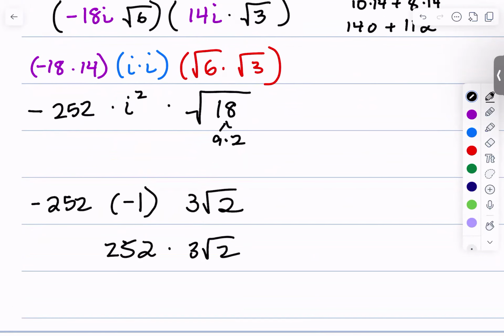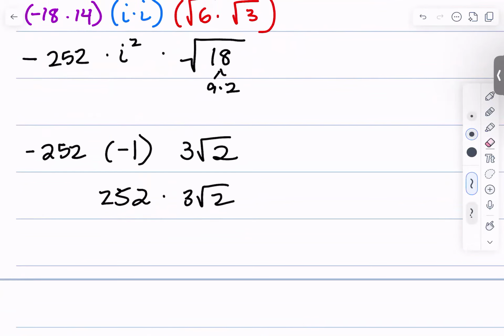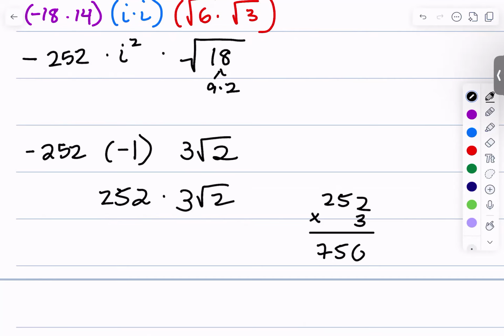And if I'm multiplying a whole number to a radical, 3 square root of 2, I'm going to be multiplying 252 by 3. Okay? This would be 756. Okay? So that's 756, and then the square root just stays the same.